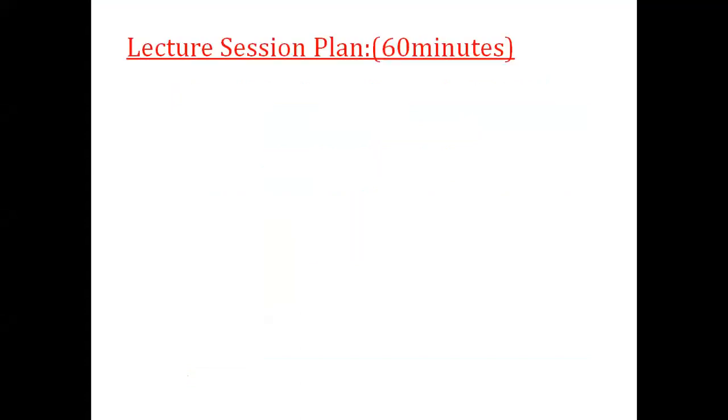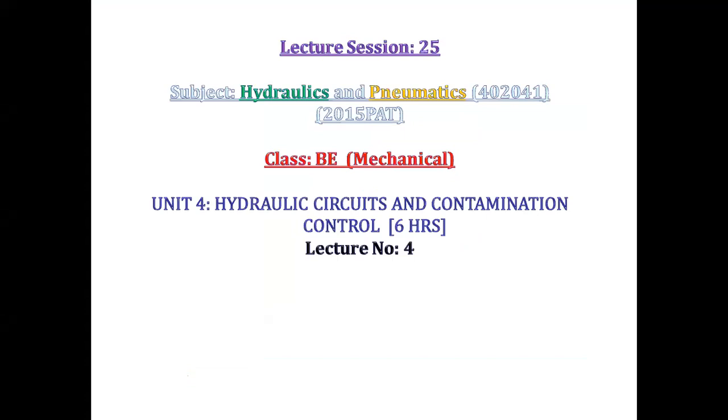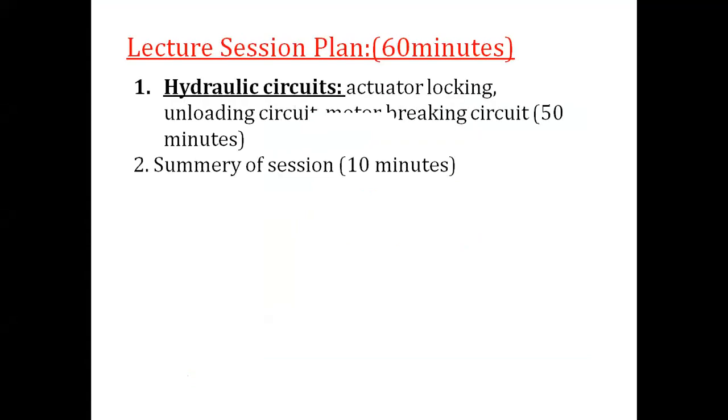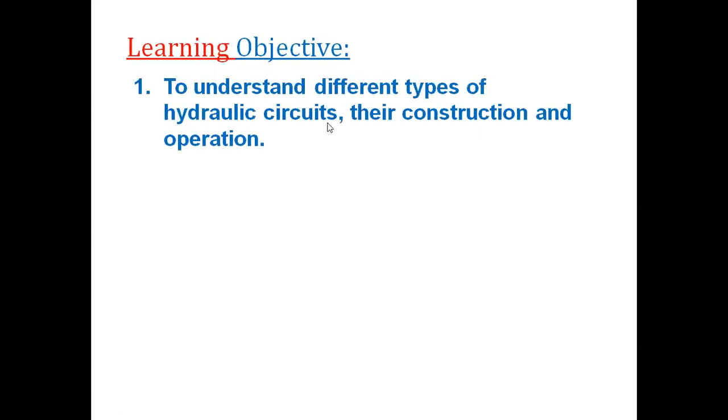Today we are going to discuss hydraulic circuit and contamination control, lecture number 4. This is unit number 4. See here, lecture session plan, after that syllabus, after that objective of this lecture: to understand different types of hydraulic circuit and their construction and operations.